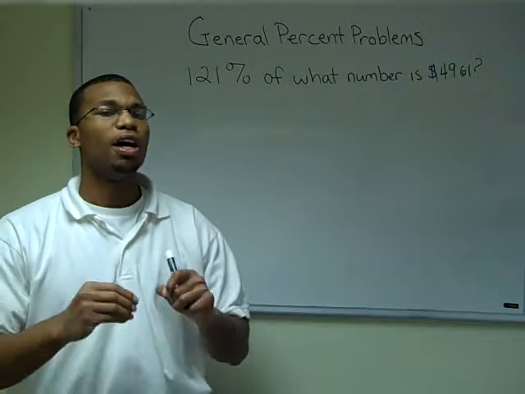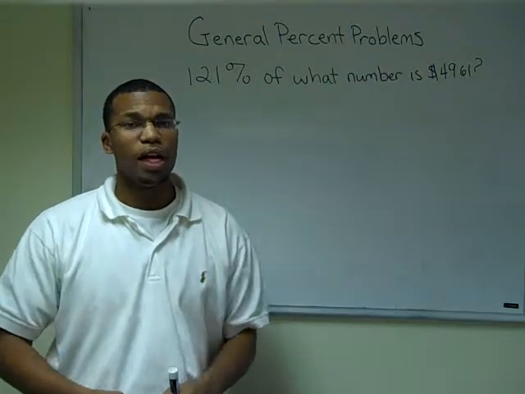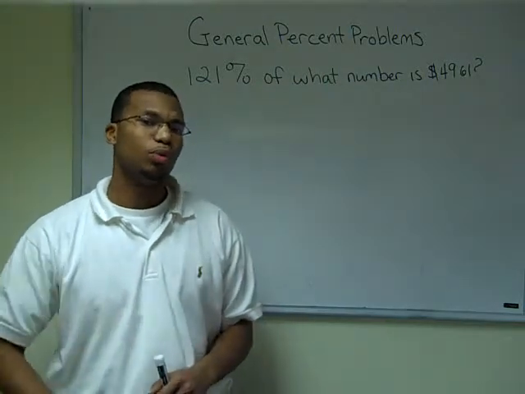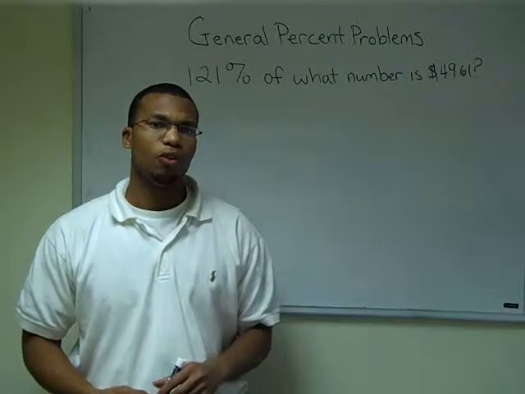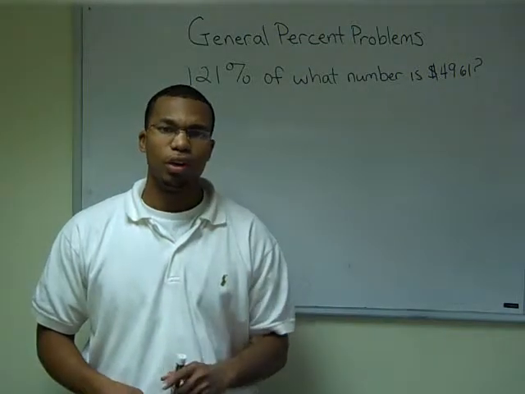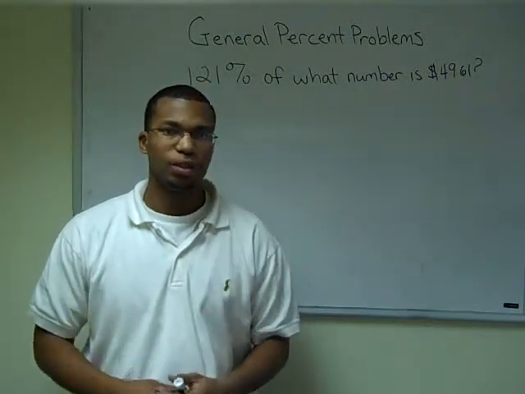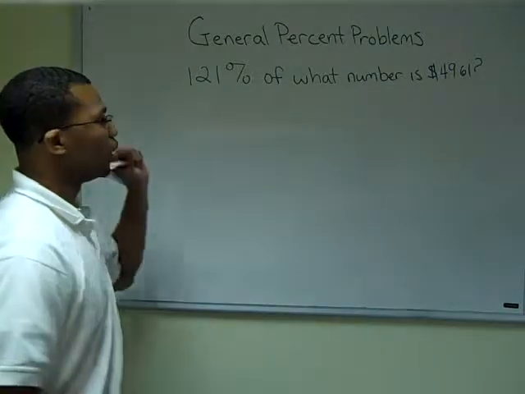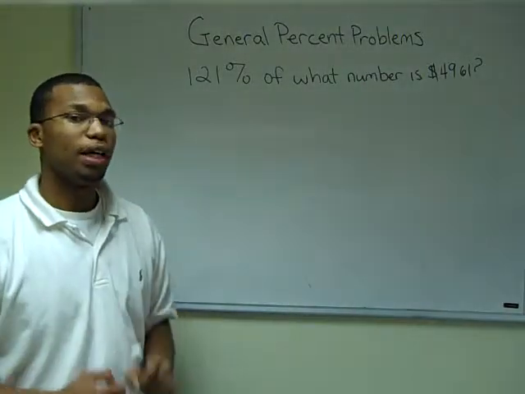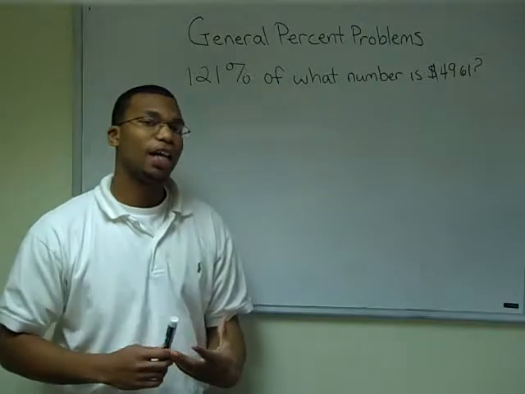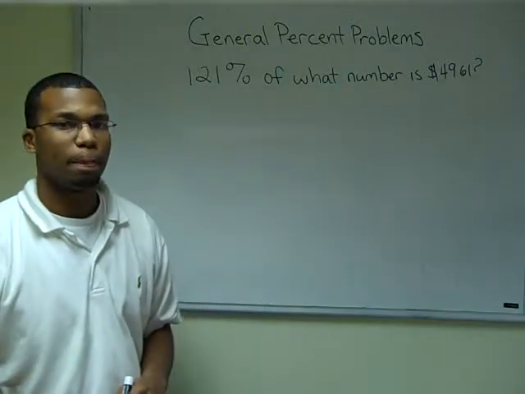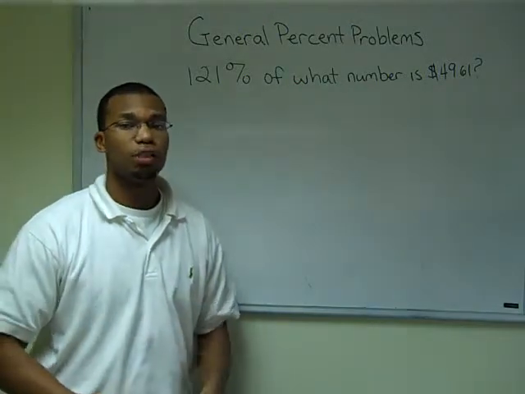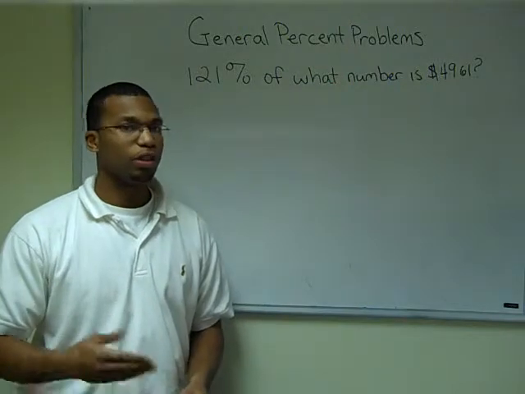So she paid 100% of the bill and an additional 21%. So therefore, our one sentence word problem that we could make out of this question is 121% of what number is $49.61.